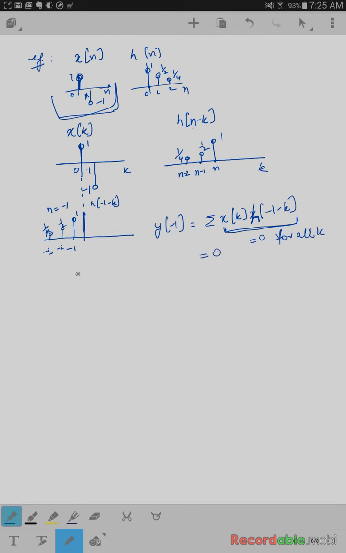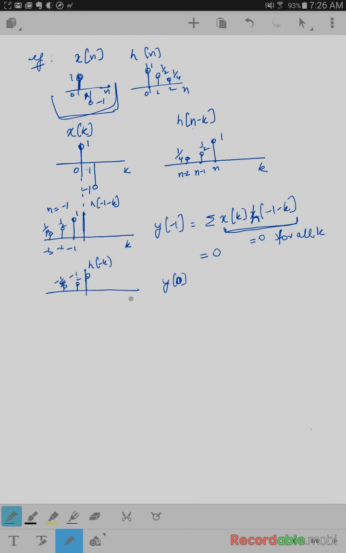Now if you compute y of 1, the signal shifts 1 to the right. Or let's say y of 0 first. To compute y of 0, you get h of minus k. What does h of minus k look like? It's just the signal flipped, so you get a 1 here, a half here, and a 1 over 4 here.